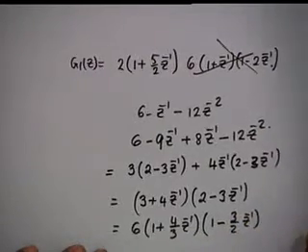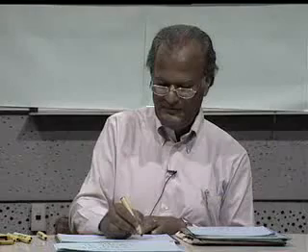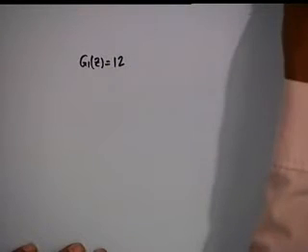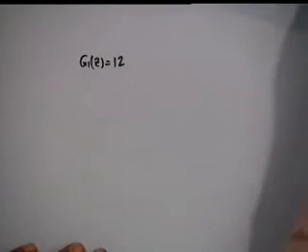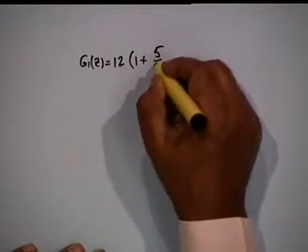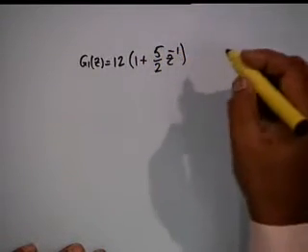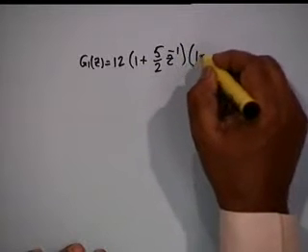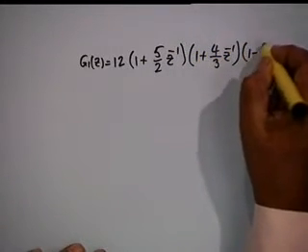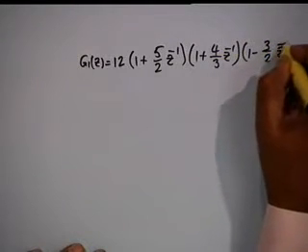So my given transfer function G1 of Z is equal to 12 times 1 plus 5 by 2 Z inverse, then 1 plus 4 by 3 Z inverse, 1 minus 3 by 2 Z inverse.